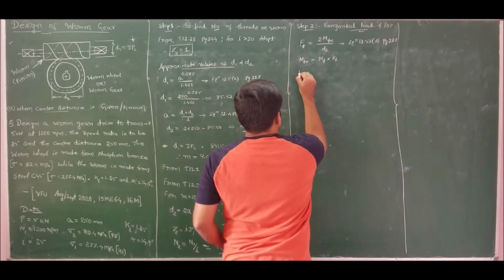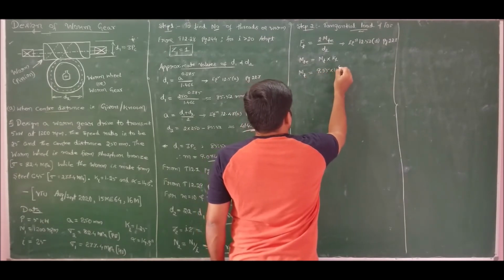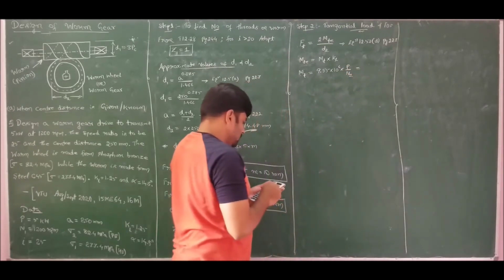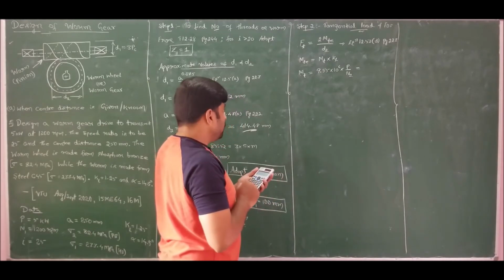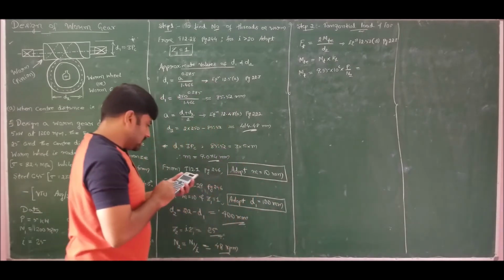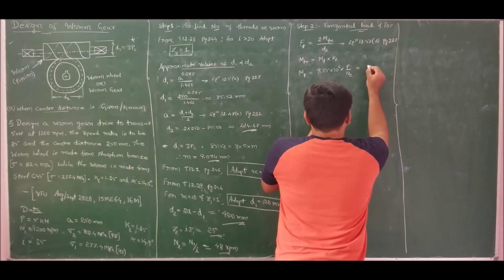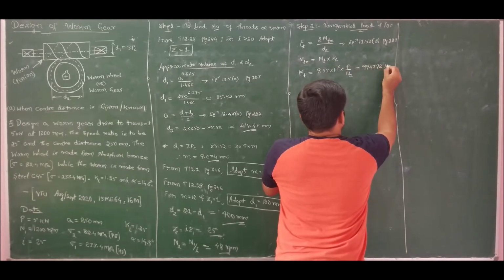We know the formula for torque Mt, which is given by 9.55 into 10 to the power of 6 into P by N2. Power to be transmitted is 5 kilowatts. N2 is calculated as 48 RPM. So torque is turning out to be 99479 Newton millimeters.